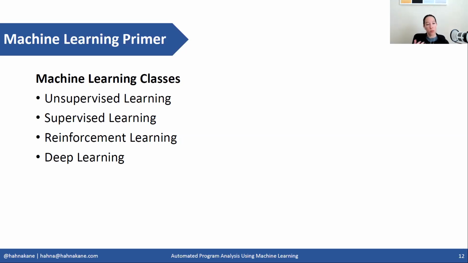But for your awareness, there are these other 2 classes of machine learning. And in my class that's offered in February, we actually will explore deep learning in addition to unsupervised and supervised learning. Hopefully, maybe in August, for the August offering, I might include reinforcement learning as well. So definitely keep an eye out for that.